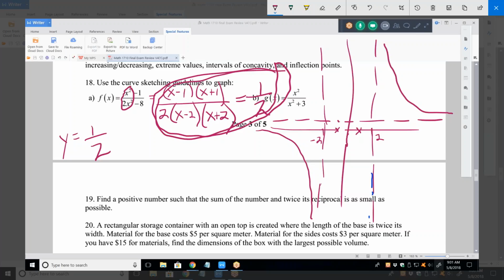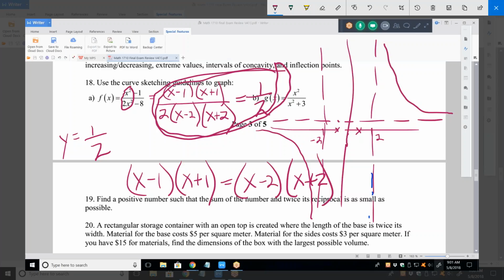The 2's eliminate, and I can say this, x minus 1 times x plus 1, can that possibly be equal to x minus 2 times x plus 2? Does that have a solution? No.